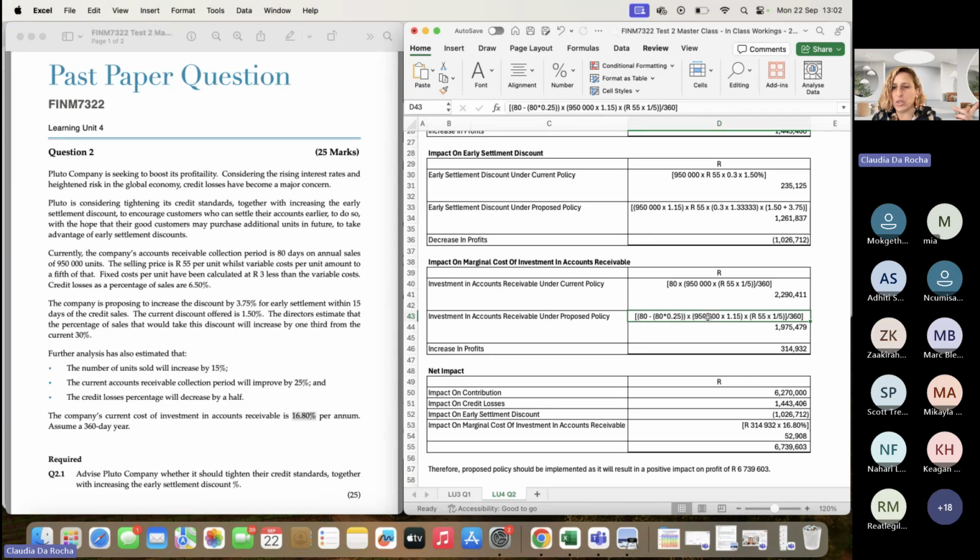I then times the units, which is increased for the policy. I then times 55 by 1/5 because that's for variable cost, and then divide by 360. That's how I get the 1975. Because I've used Excel, it's taking into account all my decimals, so that's the value it's giving me.